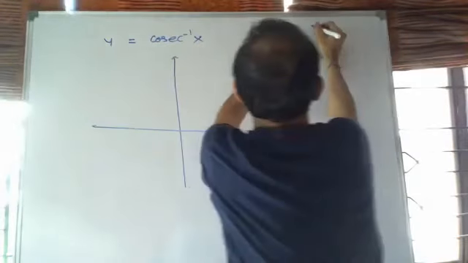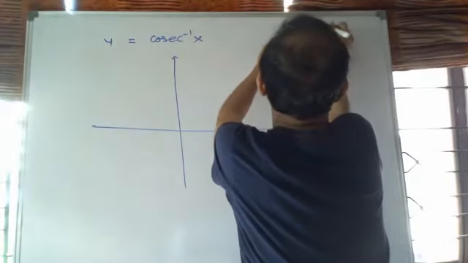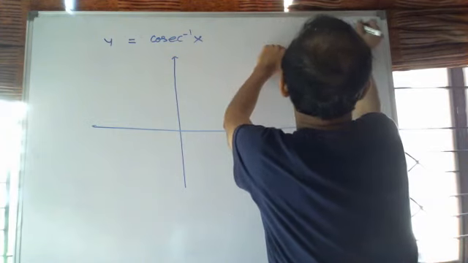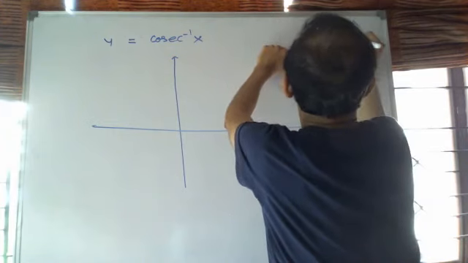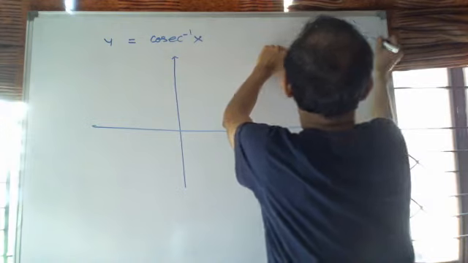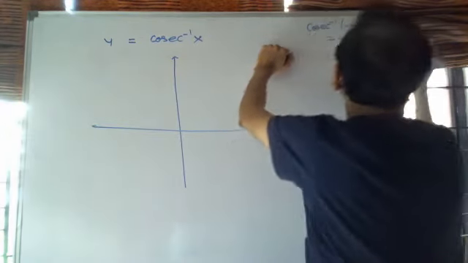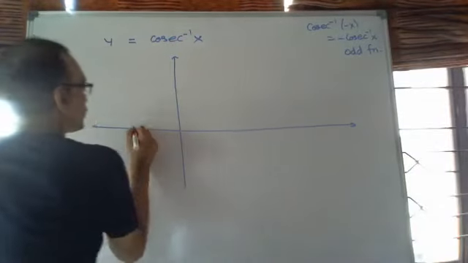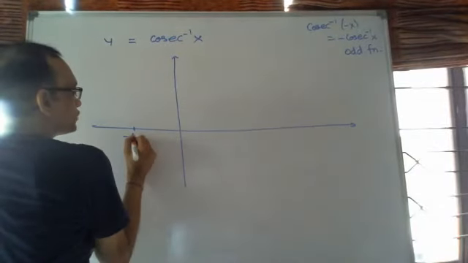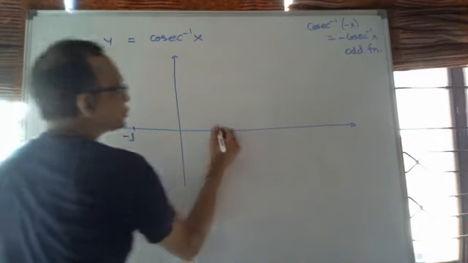Again, let me tell you that cosec inverse is an odd function. Cosec inverse of -x is minus cosec inverse x. Also, it's defined only to the left of -1 or to the right of 1.